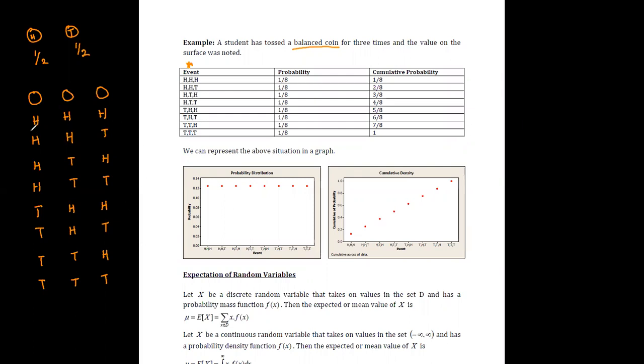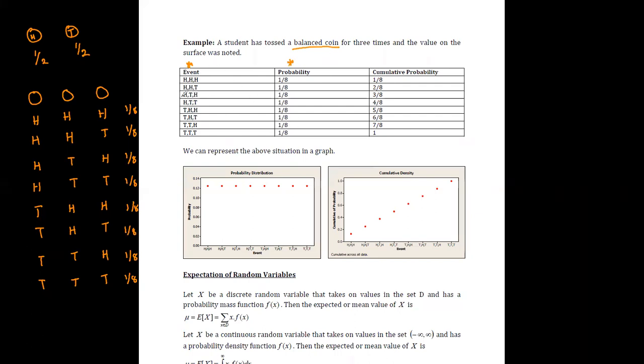Altogether there are 8 outcomes. Therefore, 1 over 8 is the chance of each of these outcomes. Then we can say that we have obtained the probability of getting each event as 1 over 8.